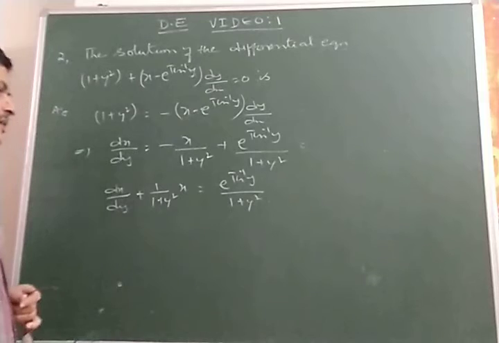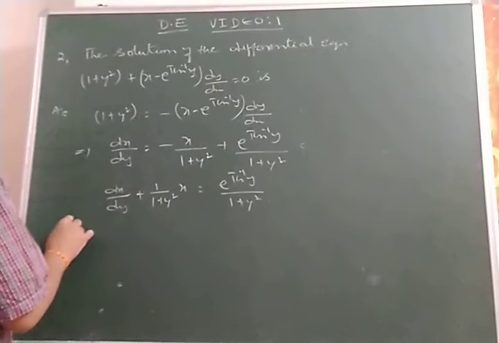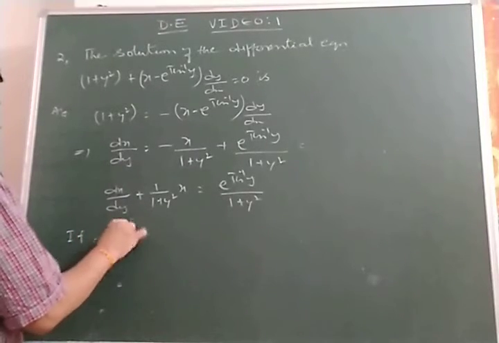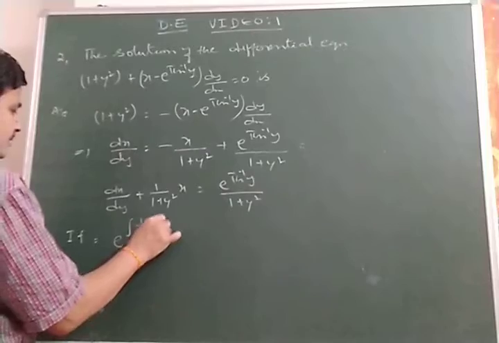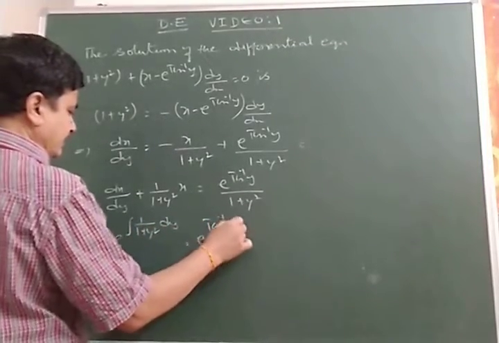Now this is a linear differential equation in y. So here we want to find the integrating factor, which is e to the power of integral 1 by (1 plus y square) dy. Now that is e to the power of tan inverse y.